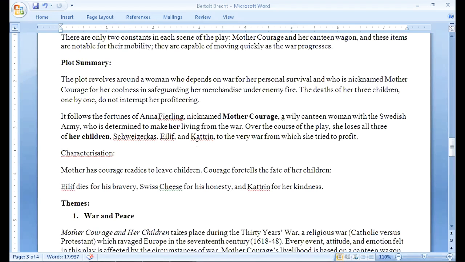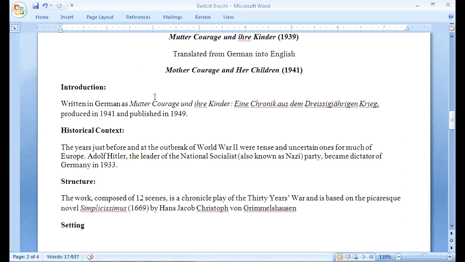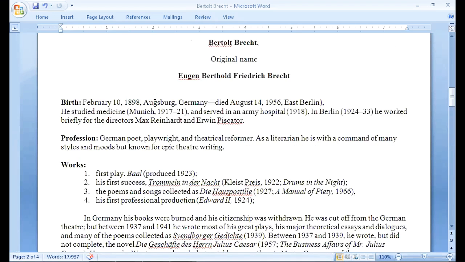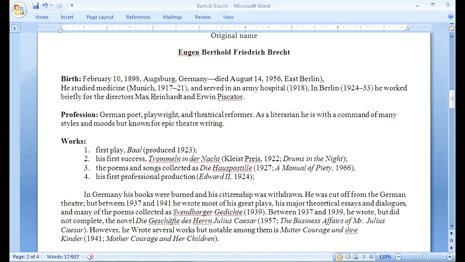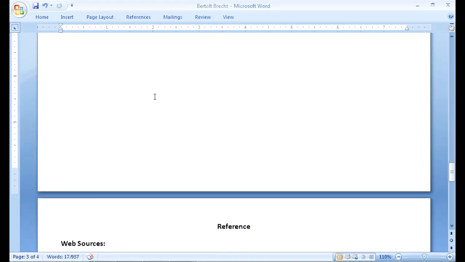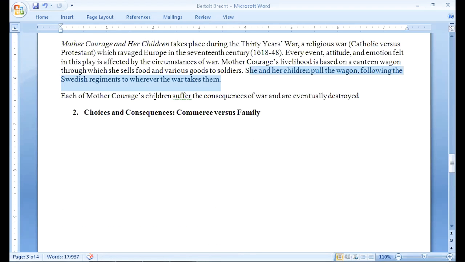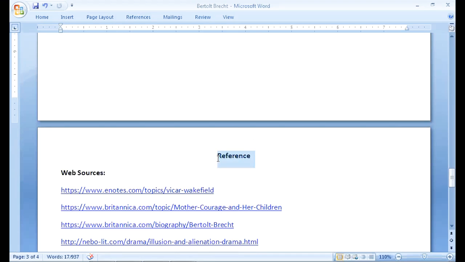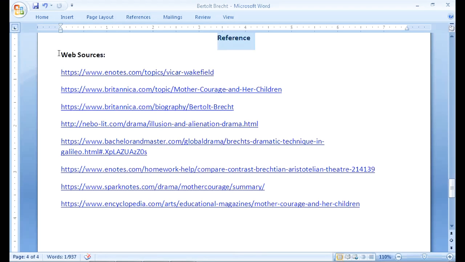Further details about the lecture and about the text have been provided in offline classes and in shared materials. For further details, you can go to the references. These are the references. These are web sources.